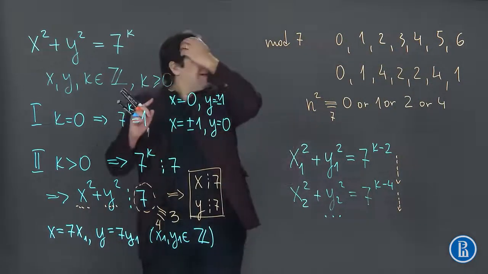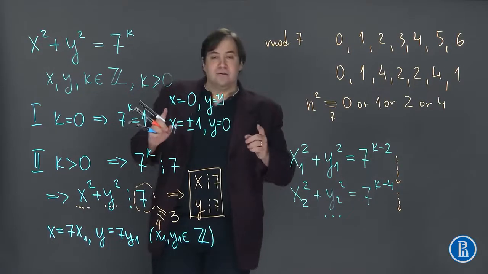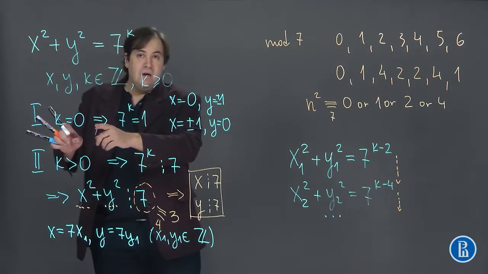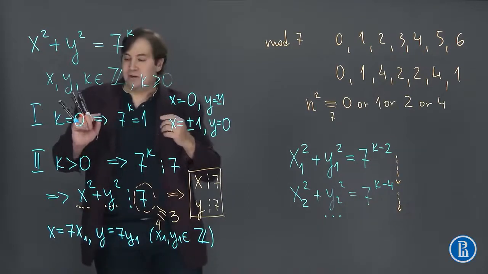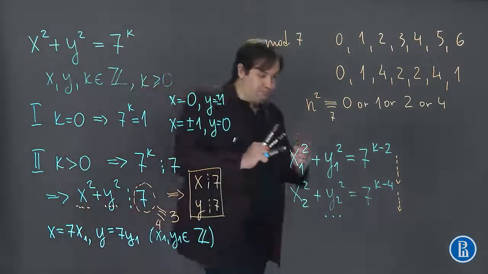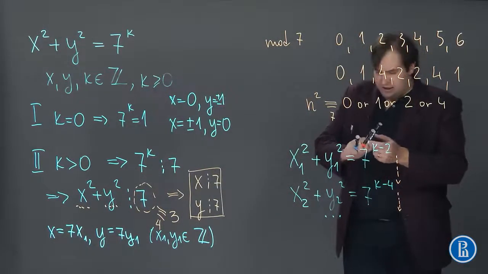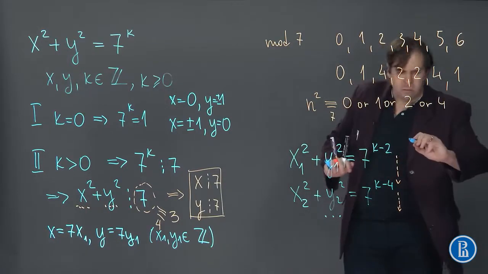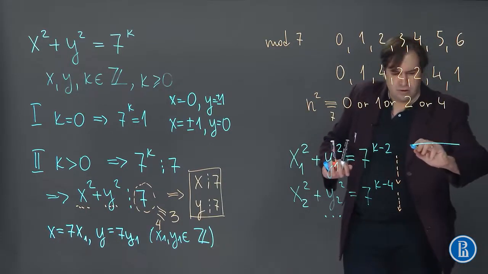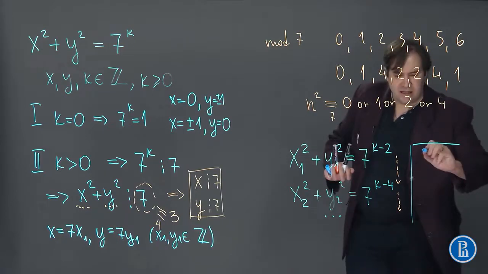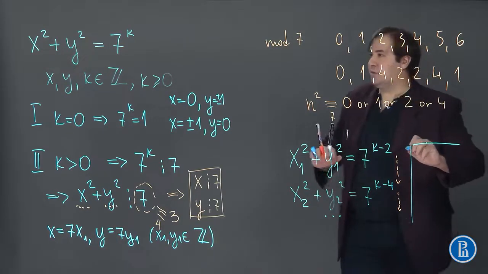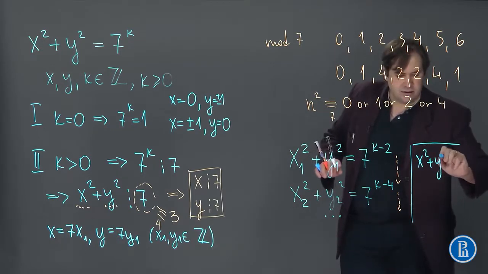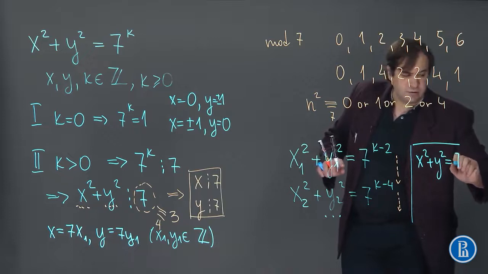Eventually, we will arrive either at the case where k is equal to 0, or at the case where k is equal to 1. Let's consider this case separately. If k is equal to 1, then our equation looks like a square plus a square equal to 7.